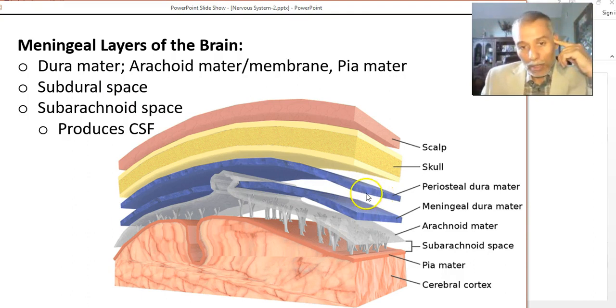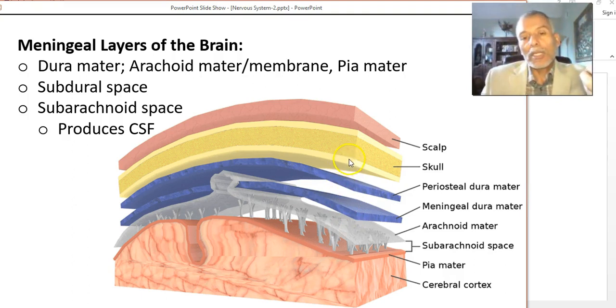That layer has two layers. You don't have to worry about the individual names, but the blue colors here, both of them are the dura mater. Now, that's a tough layer, but it is flexible.